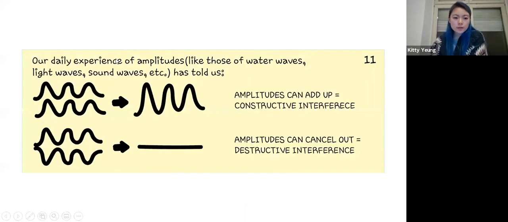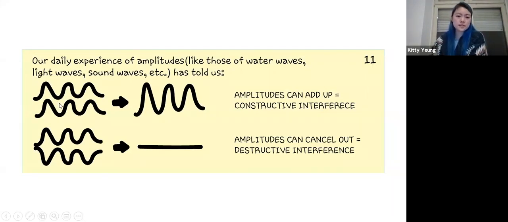But I want to go back to the importance of amplitude. Where else have we learned about amplitudes? We've experienced it every day in waves. Water waves, sound waves, light waves, they all have amplitudes, and electrical waves that we detect on oscilloscopes.